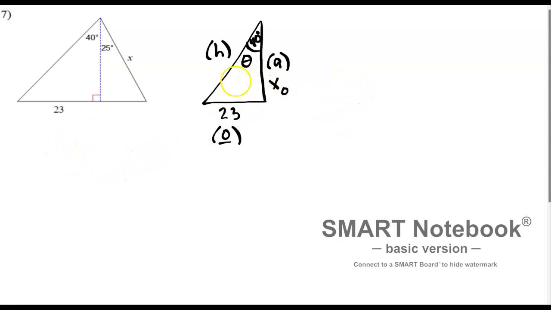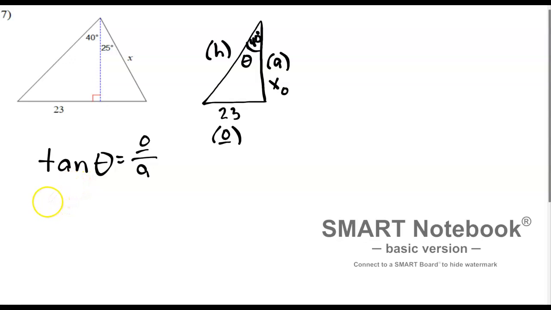Let's set that up. What would that look like? I have trig theta, and I'm going to use opposite and adjacent. That sounds like tangent. So tangent of theta is opposite over adjacent.